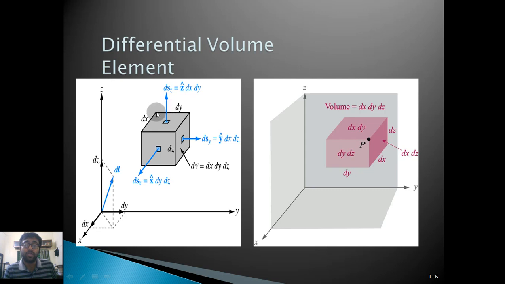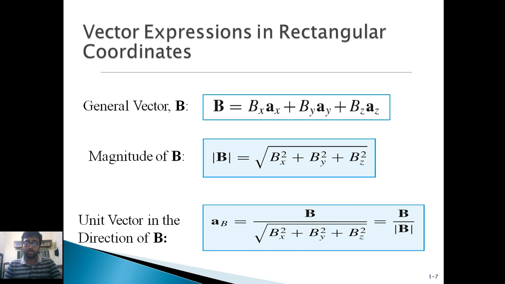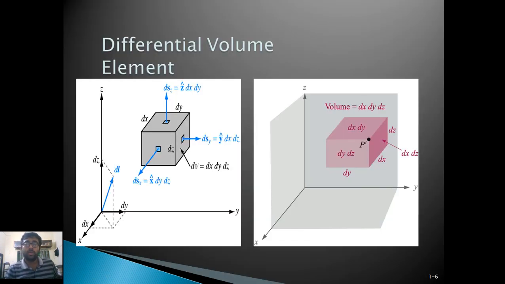If we multiply dx and dy, we will get ds, the magnitude of this surface area, which represents the magnitude of the vector ds suffix z, and the direction will be along the z axis.